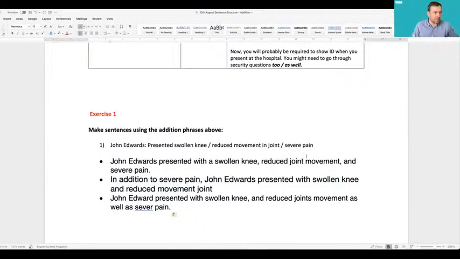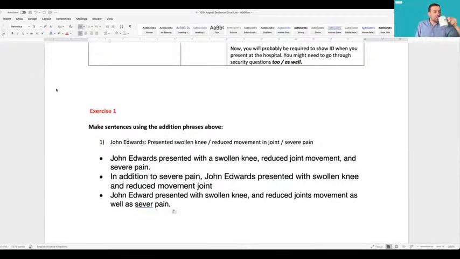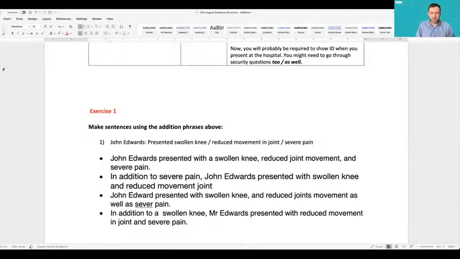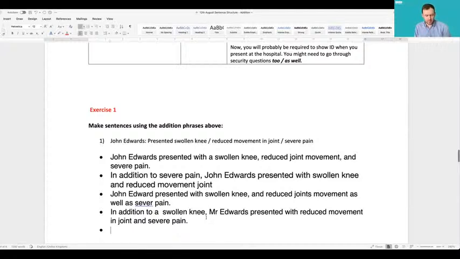Let's have a few more sentences. I'll just wait for a couple more. One more, and then we'll review. Okay, good. All right, that one can pop there.